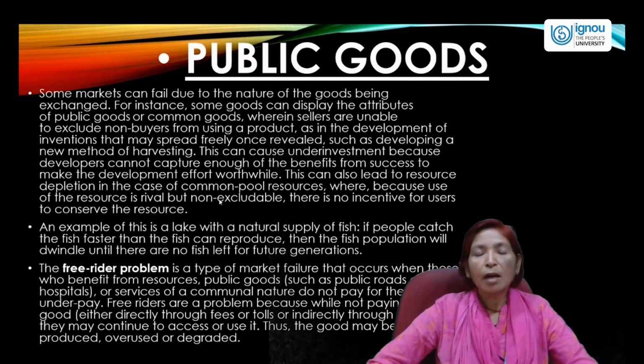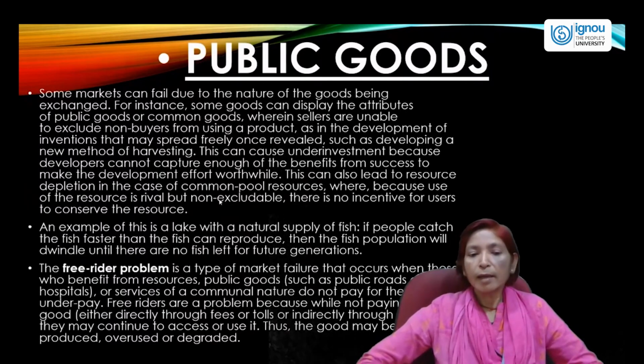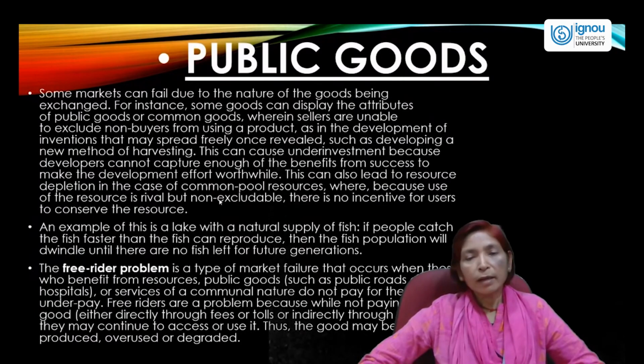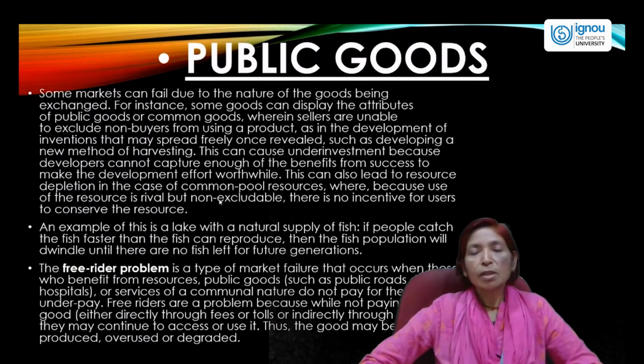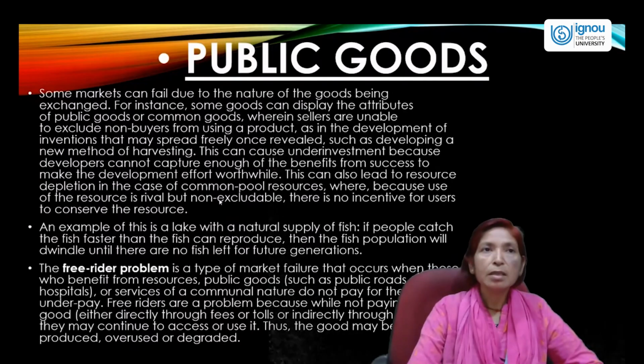Free riders are a problem because, while not paying for the good either directly through fees or tolls, or indirectly through taxes, they may continue to access or use it. Thus, the good may be underproduced or overused or degraded. So, it will create the problem of market failure.